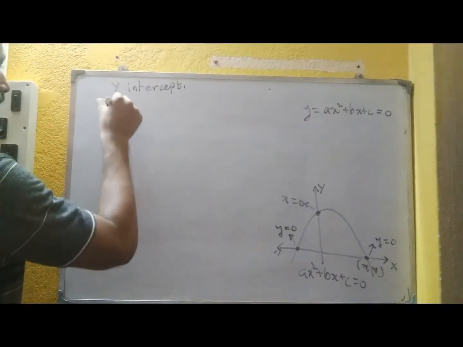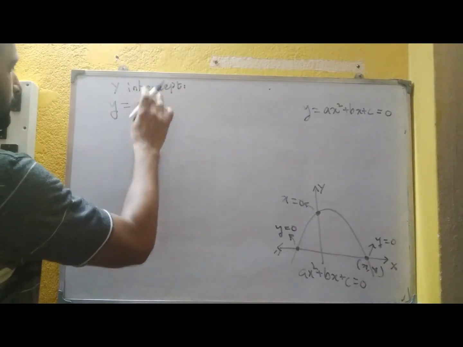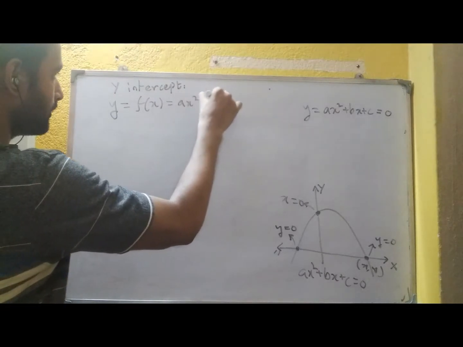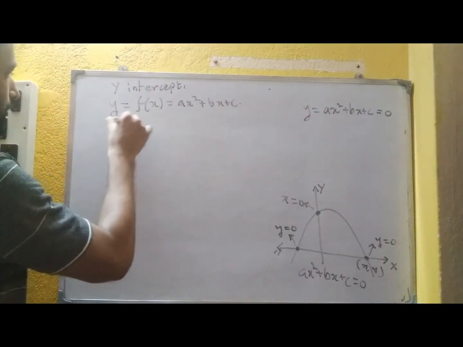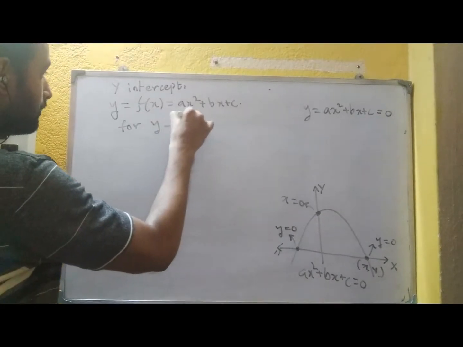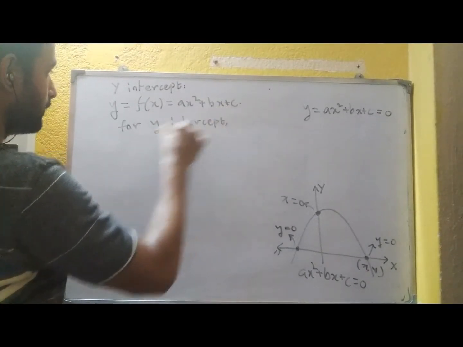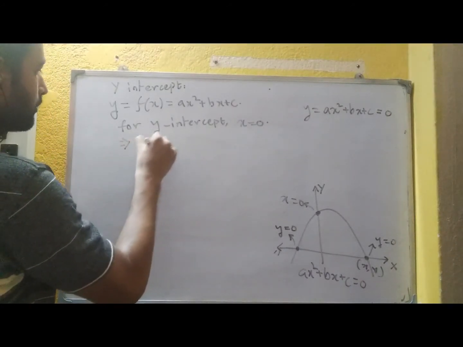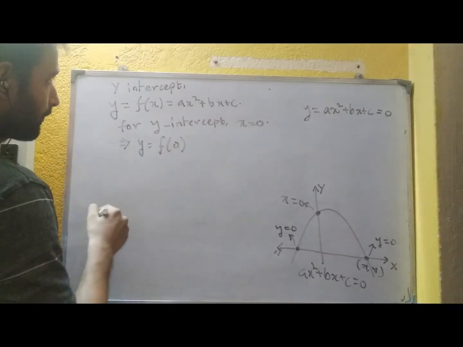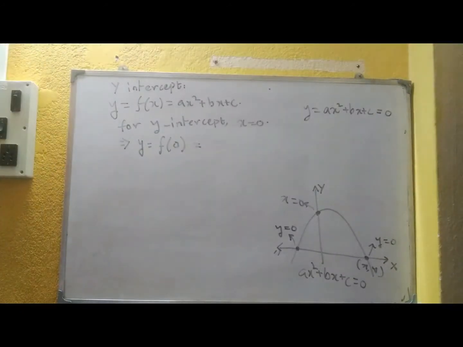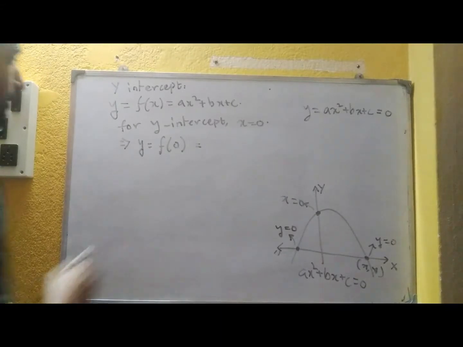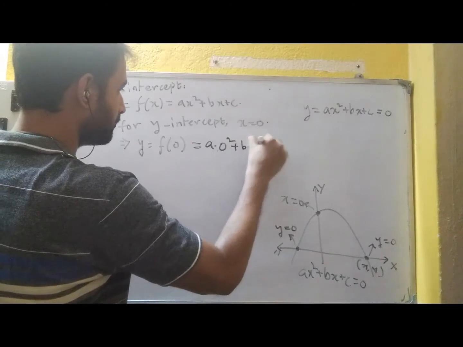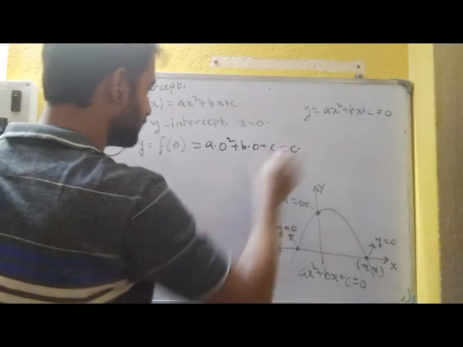So if y equals ax squared plus bx plus c, you can say it is f(x), and f(x) is ax squared plus bx plus c, then for the y-intercept we are putting x equals 0, and that means the y-intercept will be f(0), which is simply a into 0 squared plus b into 0 plus c. That means it is simply c.